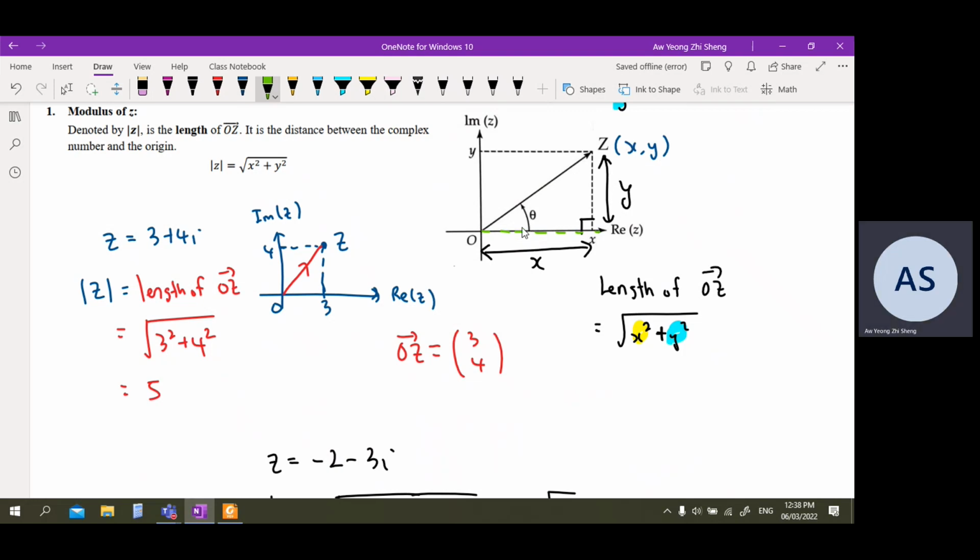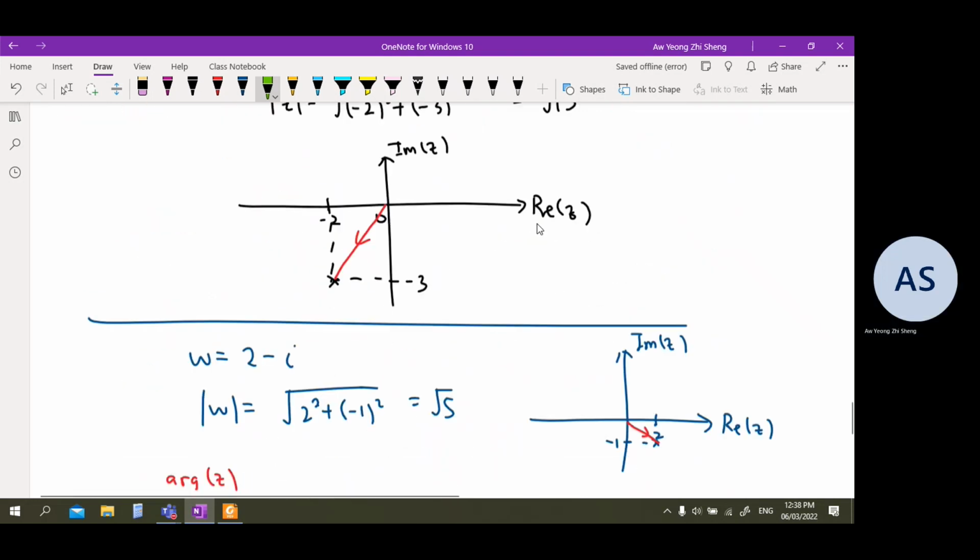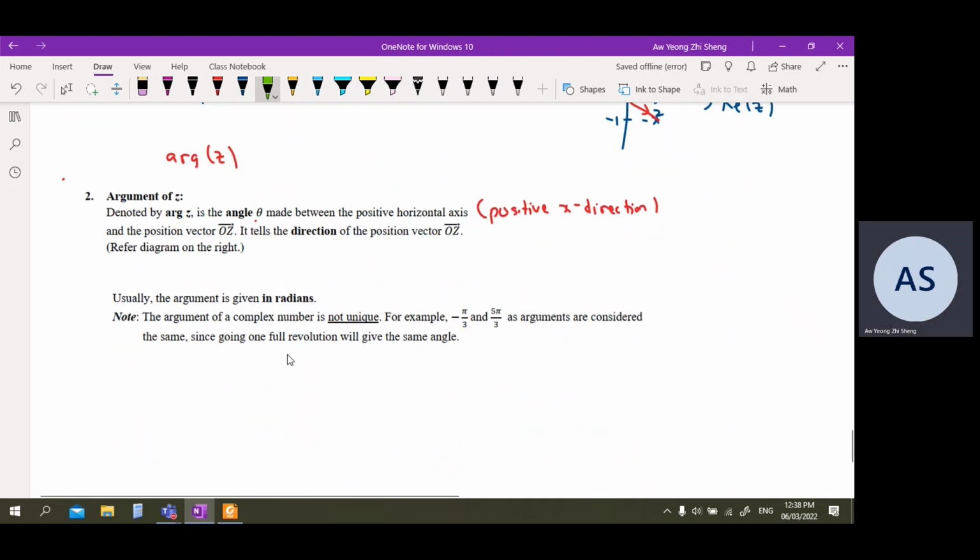It's always measured from the positive x direction towards the vector. So this angle theta here, measured from the positive horizontal direction towards the vector, will be the argument of the complex number z.